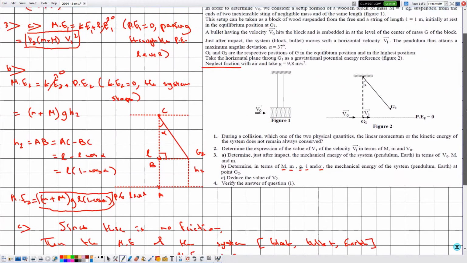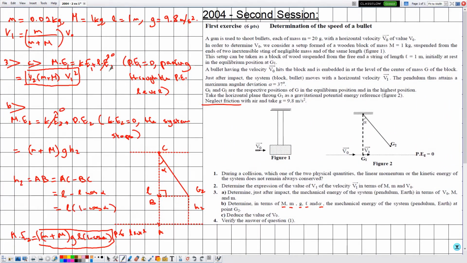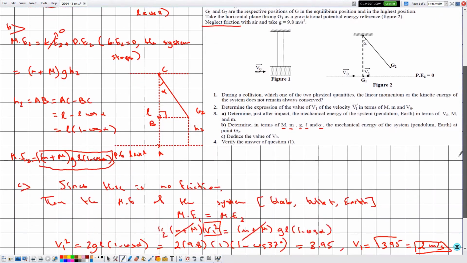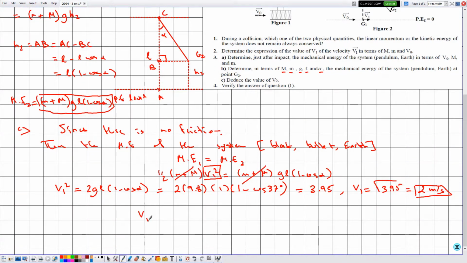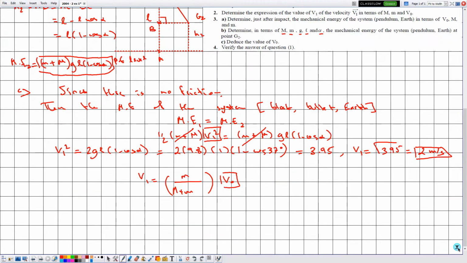But in the question they are asking us to determine V0. Now V1 and V0 are related via this equation. So let me write V1 is equal to m divided by capital M plus m multiplied by V0. And we are searching for the value of V0, which is the speed of the bullet, which is the aim of this exercise.